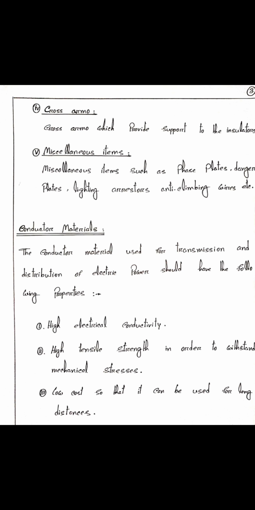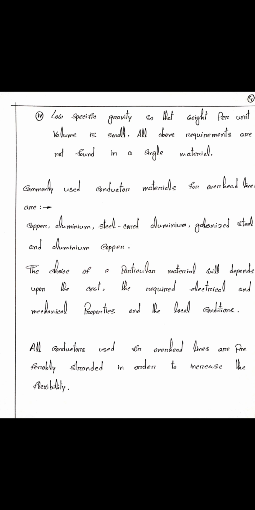Low cost so that it can be used for long distances. 4. Low specific gravity so that weight per unit volume is small. All the above requirements are not found in a single material. Commonly used conductor materials for overhead lines are copper, aluminum, steel-cored aluminum, galvanized steel, and cadmium copper.